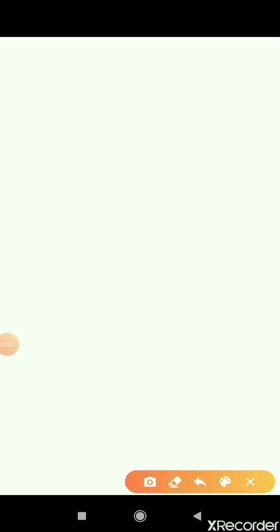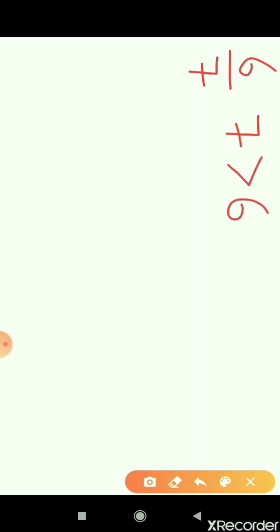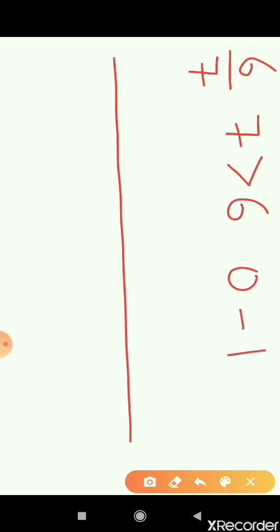As we know now how to represent a rational number on the number line, let us take an example, 6 upon 7. We know that if the denominator is greater than the numerator, then it lies between 0 and 1. So draw a number line, 0 and 1.